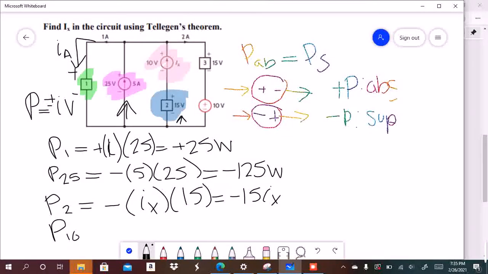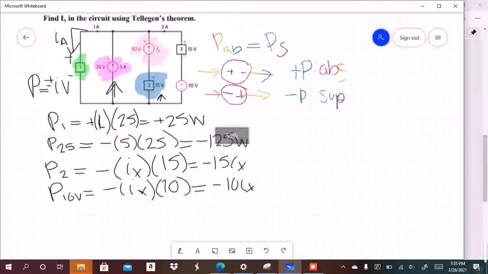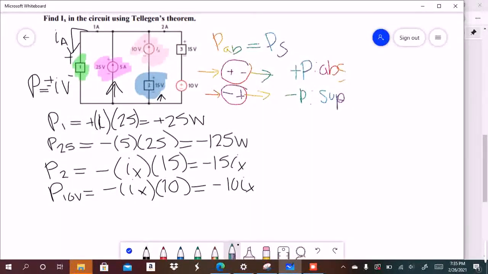Power of 10 volts enters negative, Ix multiplied by 10 volts is equal to negative 10 Ix. Next, we're going to follow this 2 amp current down to box 3.